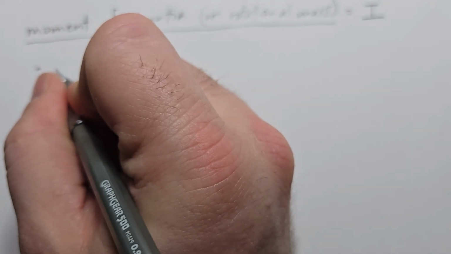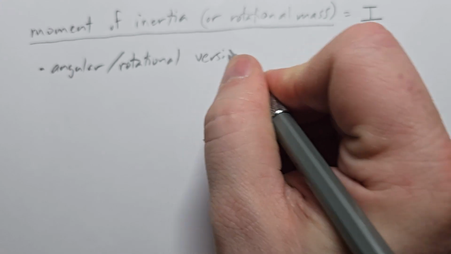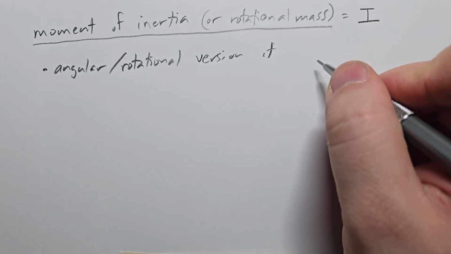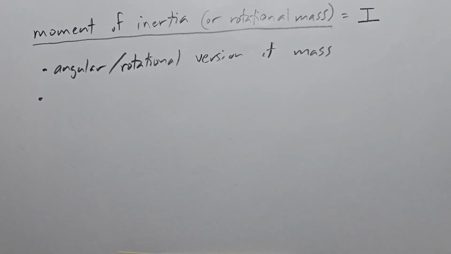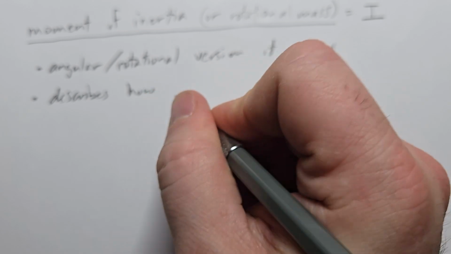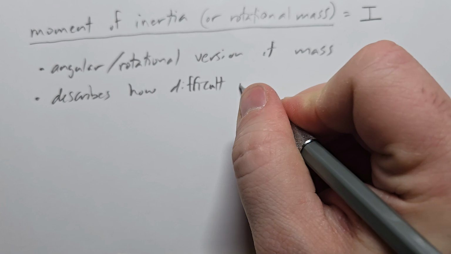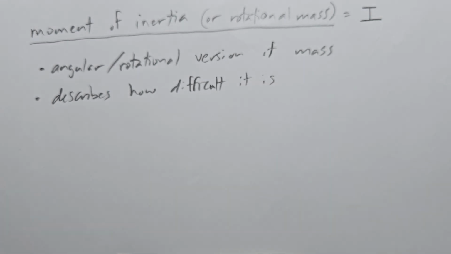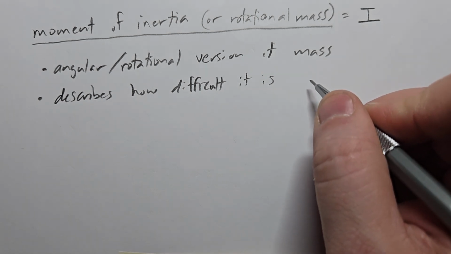So this is the angular or rotational version of mass. Just like regular mass describes the object's resistance to linear acceleration, this describes how difficult it would be to give a certain object an angular acceleration, to make it start rotating at a different speed.